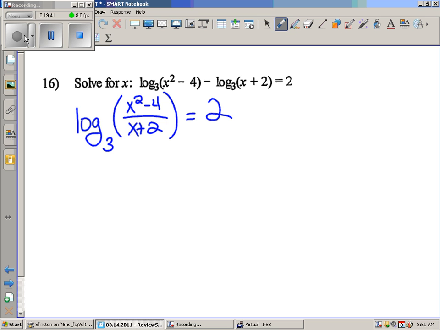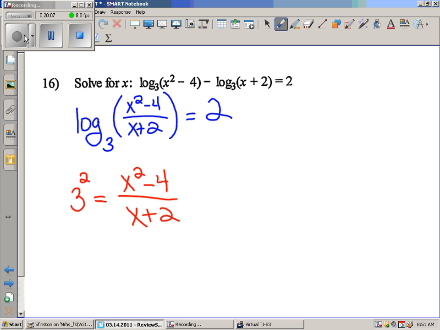I don't know about factoring it. You know what I would do? You cannot do that. Don't do that. You can't cancel things out like that because you eliminate one of the solutions, right? I'll show you. So 3 squared equals x squared minus 4 over x plus 2. But here's what I do want to say. It's an excellent suggestion that you guys made.